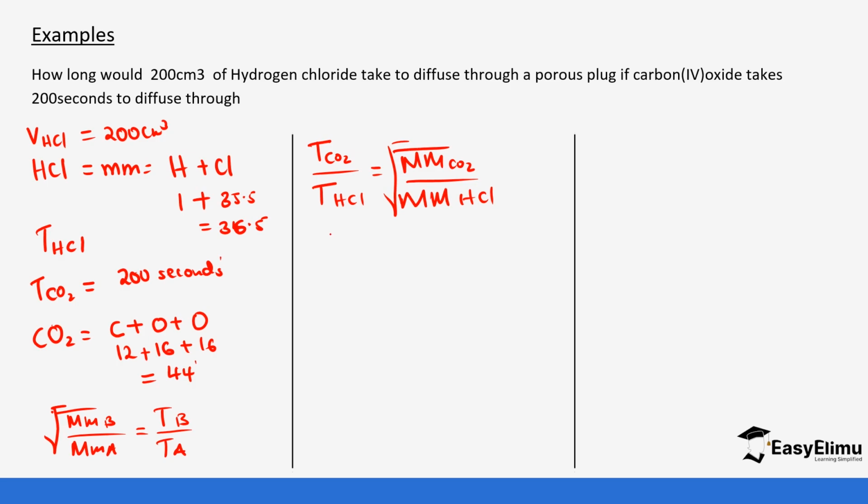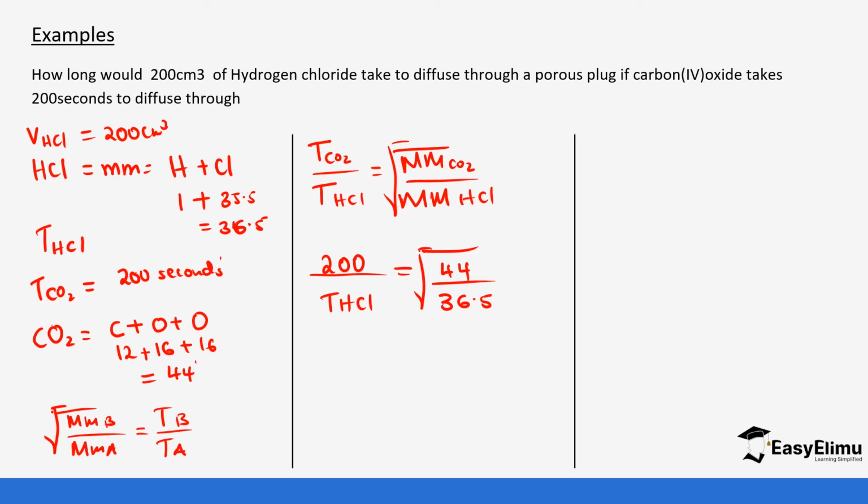The time of carbon dioxide we have been told is 200 seconds. The time for HCl is what we're actually looking for, is equal to the square root of the molecular mass of carbon dioxide, 44, over the molecular mass of hydrogen chloride, 36.5.